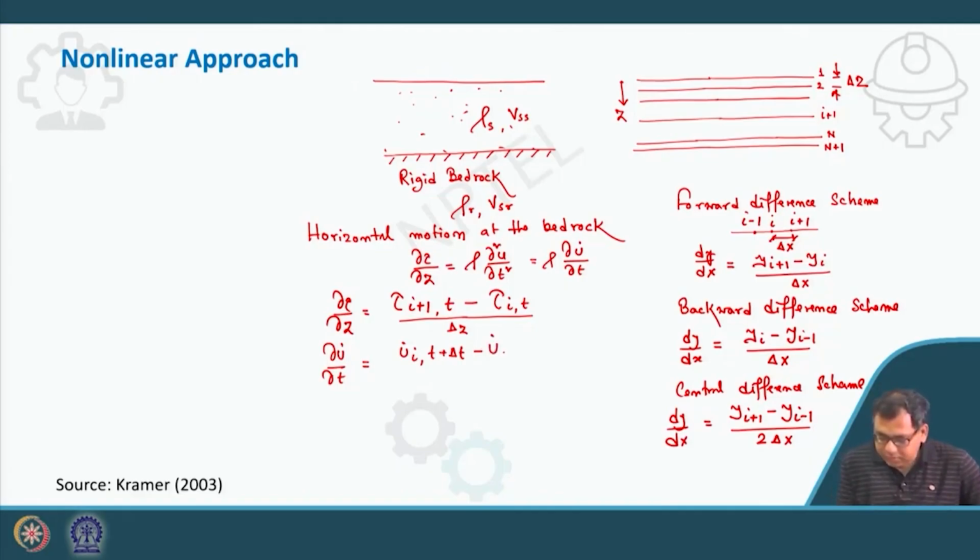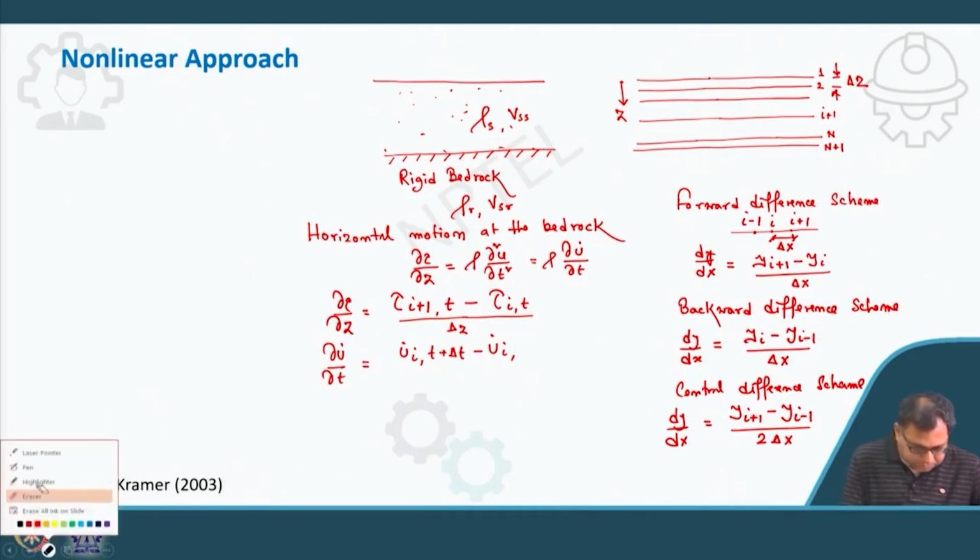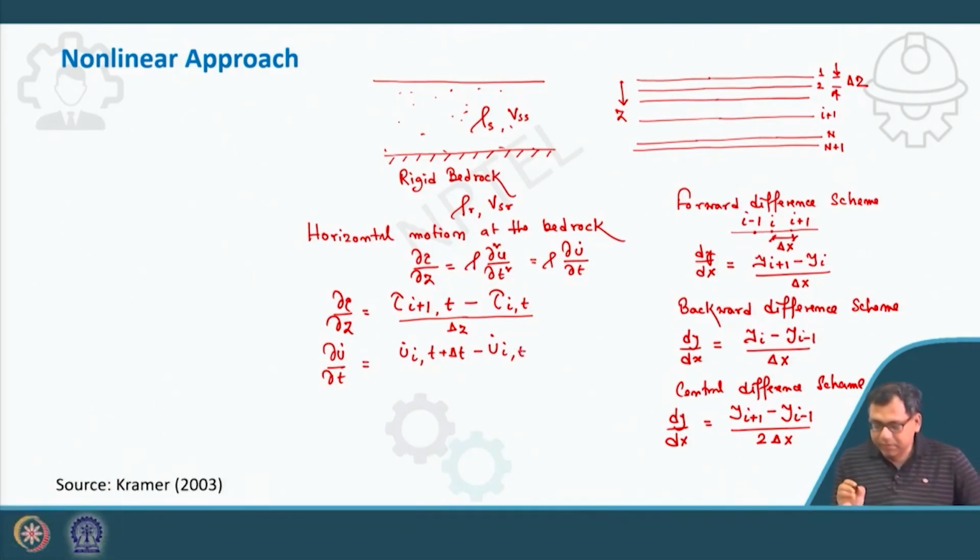This is u dot for a particular depth I, and this will be t, because del t is the increment, like here you have written I plus 1. Similarly, here t plus del t. Del t is the increment, which is the same as del x here. So, this is your del x or del z, and this is del t.